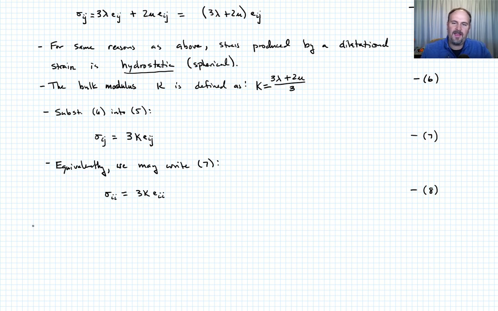So now we have the elastic equations. Now let's talk about extending them to a viscoelastic problem. Okay. So let's recall in 1D. This is a brief reminder of what we've already talked about.